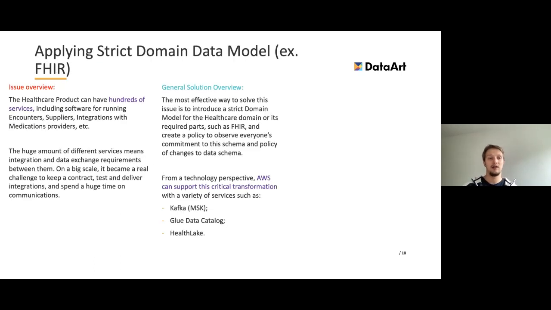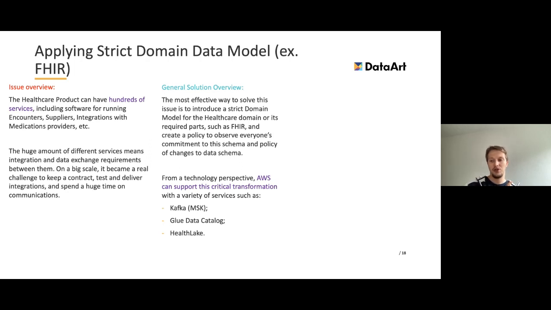And the last case for today, one of the most common ones, is applying a strict domain data model, for example FHIR. As with Spark initially, HIPAA is generally seen as a regulation for easier transferring of your data between organizations.